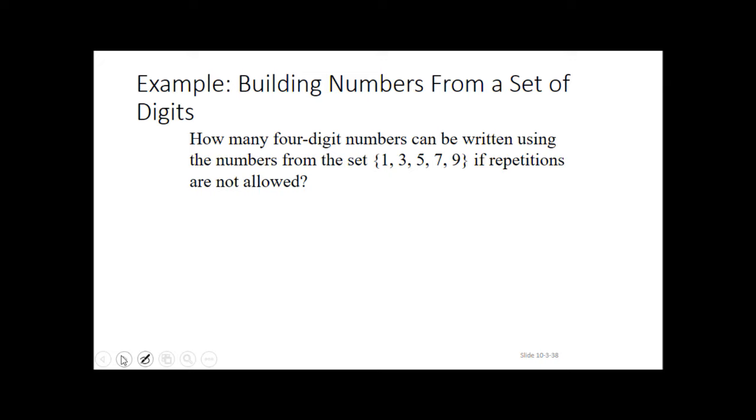All right, so here's an example. What if I wanted to find out how many 4-digit numbers can be written using the numbers from the set 1, 3, 5, 7, and 9 if repetition is not allowed? Remember, in arrangements and permutations, repetition is not allowed because you're arranging the objects. They can't sit next to themselves, right?